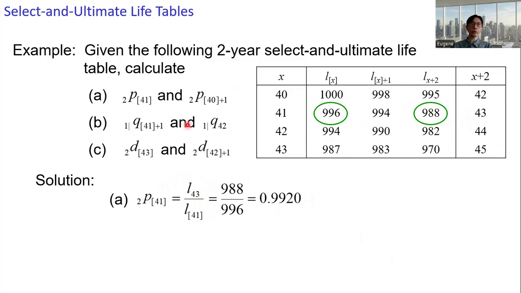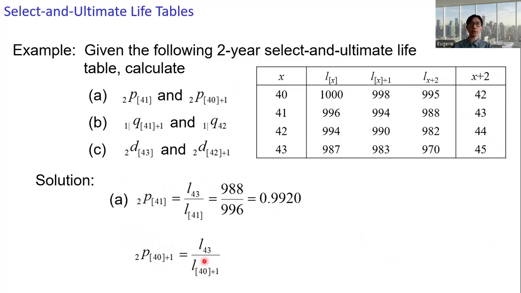At the same age 41, the second quantity is 2p_[40]+1, for individuals selected at age 40. The probability of this group of individuals surviving beyond age 43.